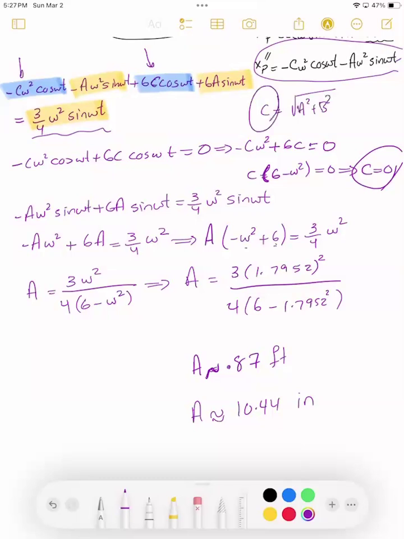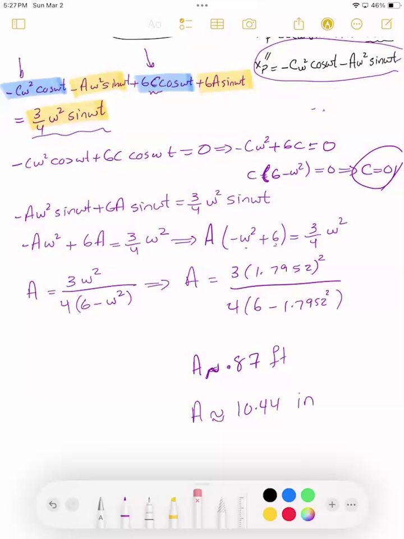Since this coefficient is equal to 0, this is not going to be there, and that is our only amplitude here. So I didn't have to use this function.